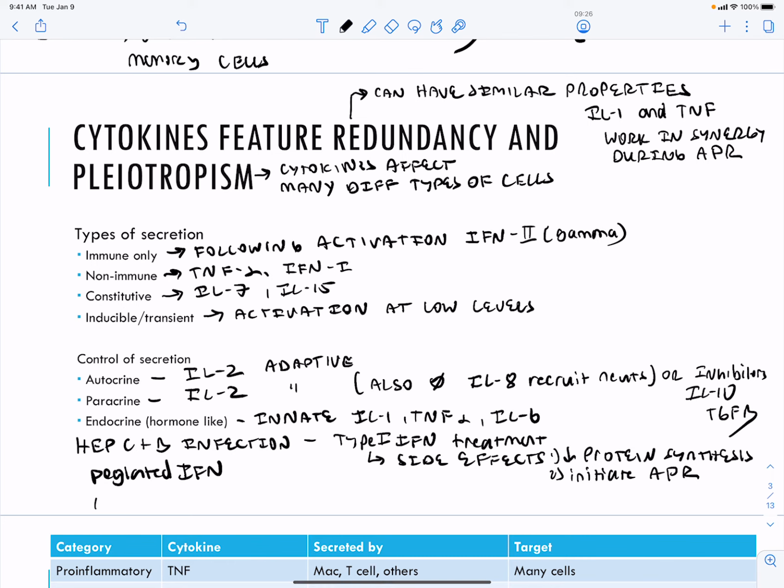But antivirals have really replaced most of the type 1 interferon in developed countries. But in developing countries, interferon might still be used to treat hepatitis infections.